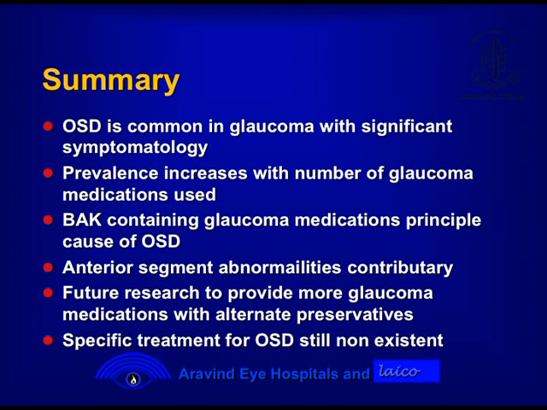Anterior segment abnormalities and anatomic abnormalities may be contributory. And we require future research to provide more glaucoma medications with alternative preservatives or preservative-free medications that could be equally effective in reducing the intraocular pressure, and specific treatment for ocular surface disease is still non-existent.